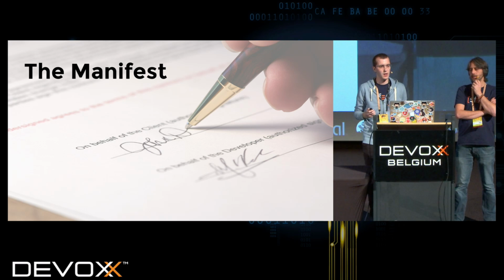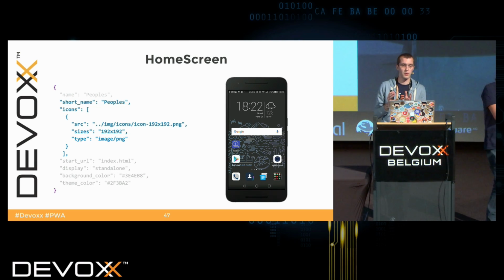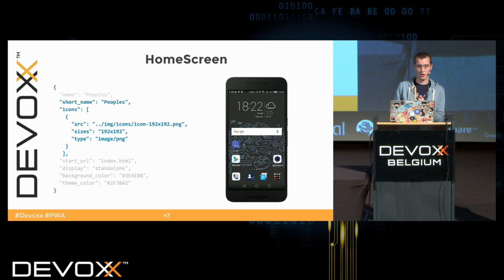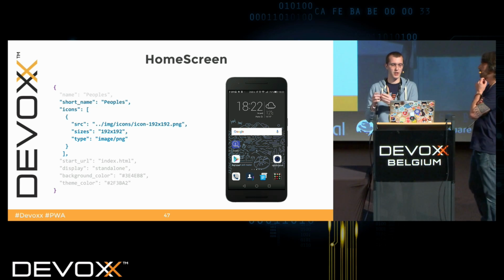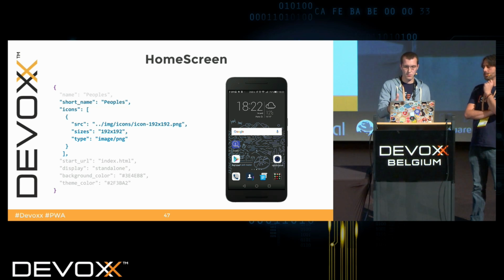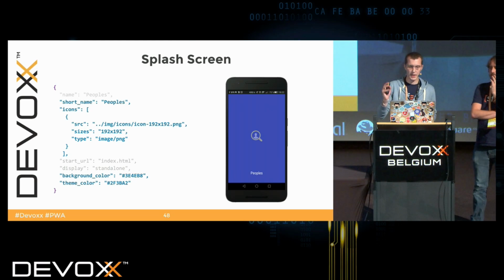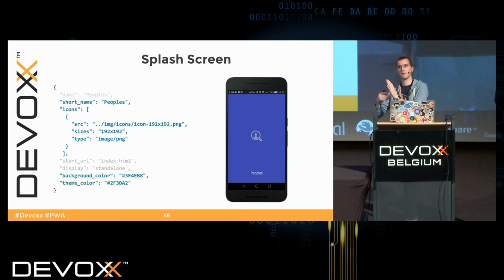The manifest file is very simple. It's just a JSON file that describes your application and its behavior. So when I add the application to the home screen, a little icon appears on my phone, and it's composed of 2 components, short name and icons. When I click on it, I have a splash screen while waiting for the page to load.